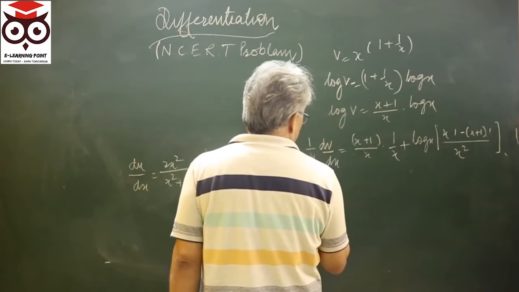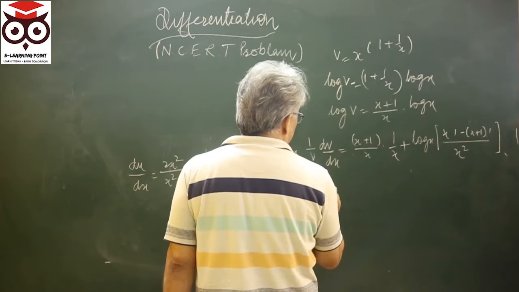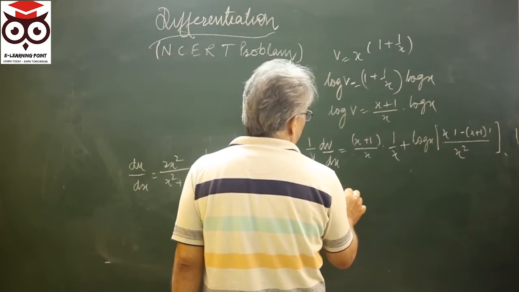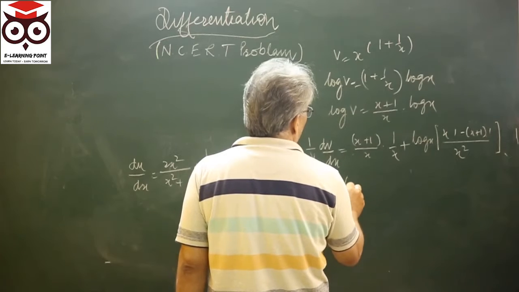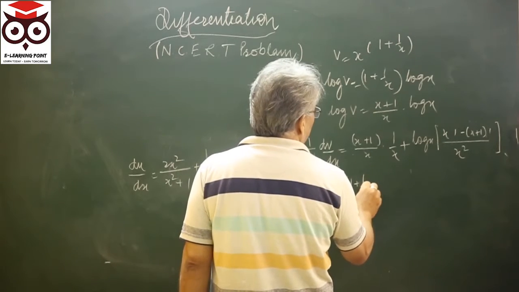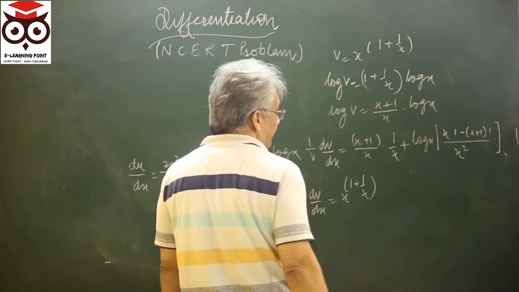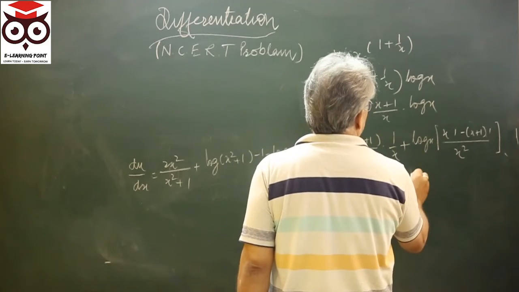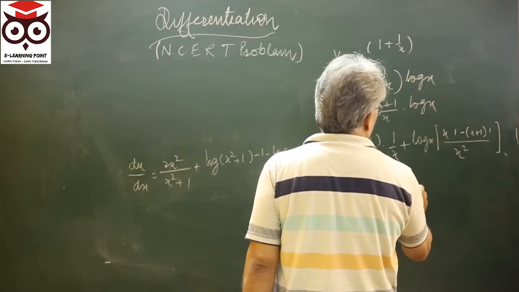So I can say dv by dx, this is v, and v is equal to what? 1 plus 1 by x. So this can be written down as x plus 1 upon x square.